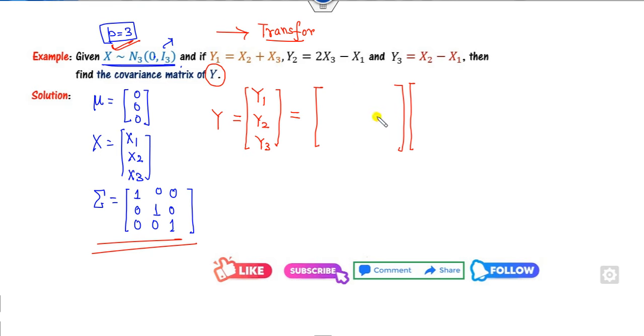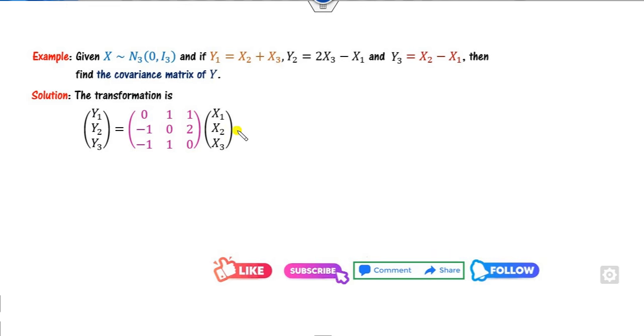Can you write this matrix? x1, x2, x3. What is the x coefficient of the first line? x1 is 0, x2 is 1, x3 is 2. In the next, x1 is minus 1, x2 is 0, x3 is 2. Then x1 is minus 1, x2 is 1, and x3 will be 0. Fine. So this is given to you here.